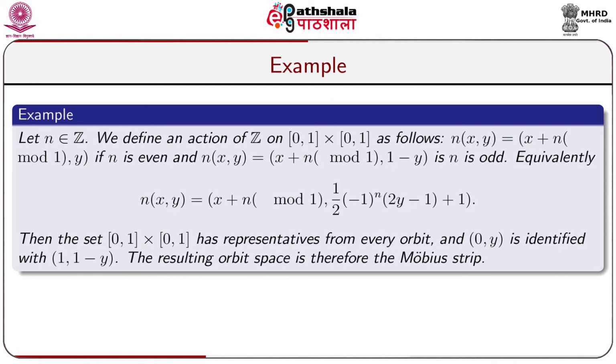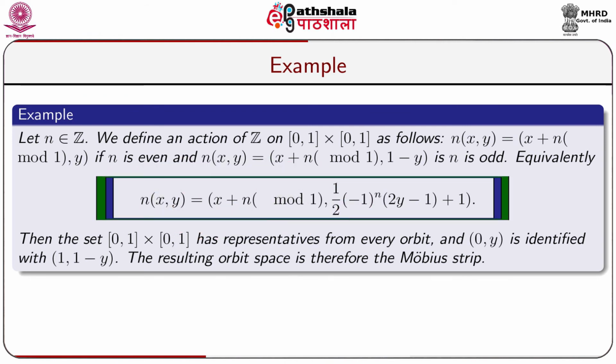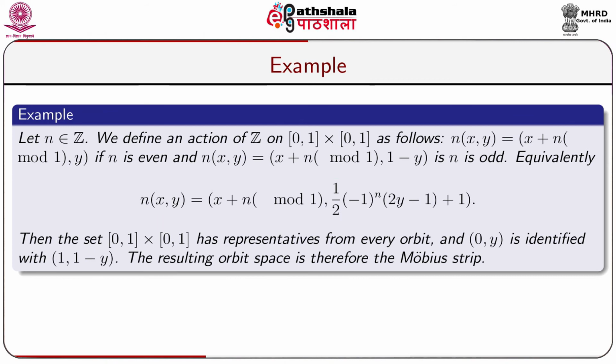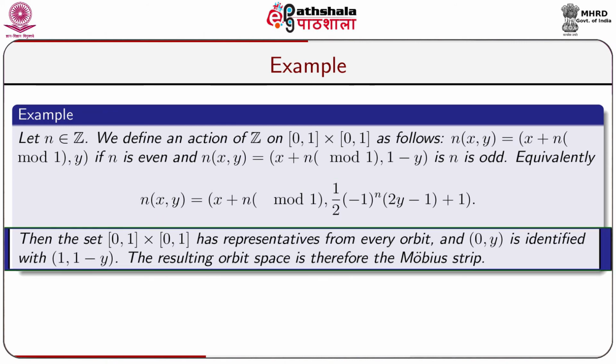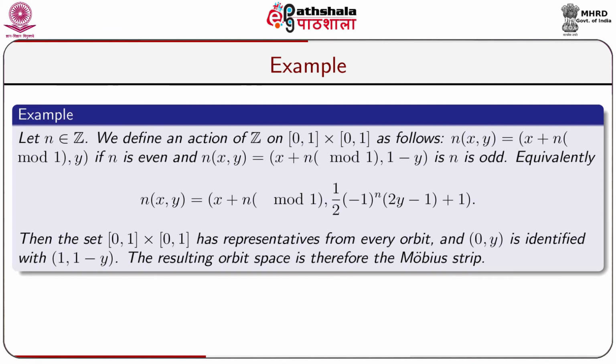Equivalently, we can say that n of (x, y) is equal to (x plus n, (1/2)((-1)^n (2y-1) + 1)). Then the set I cross I has representatives from every orbit, and (0, y) is identified with (1, 1 minus y). The resulting orbit space is therefore the Mobius strip.